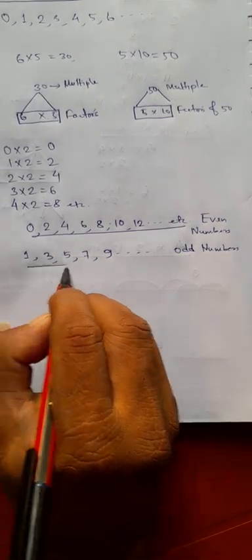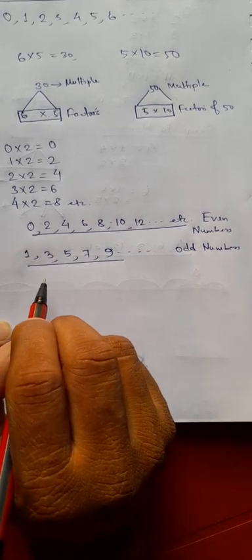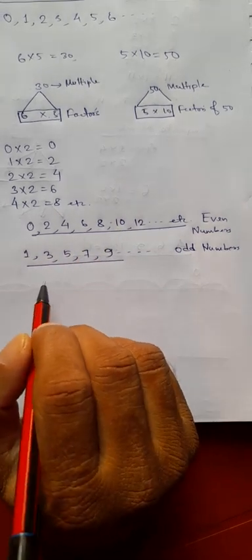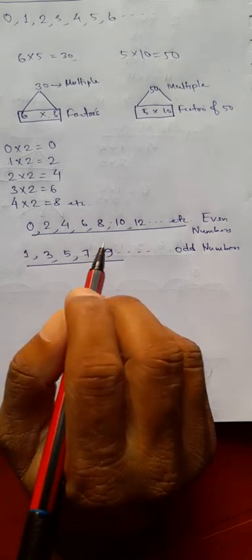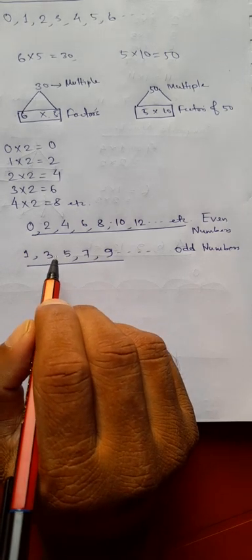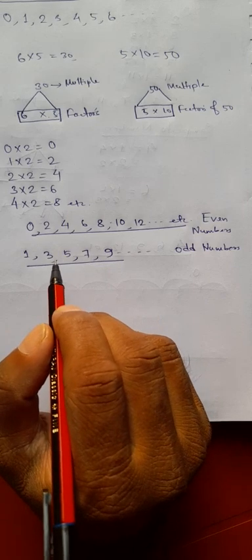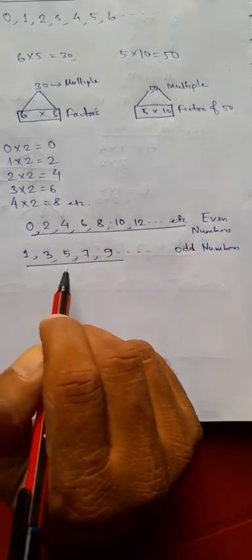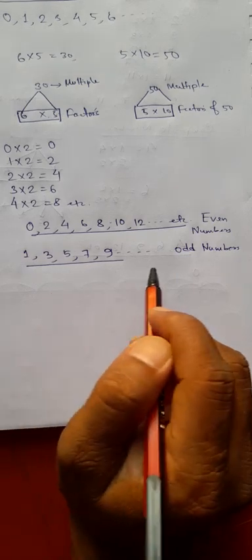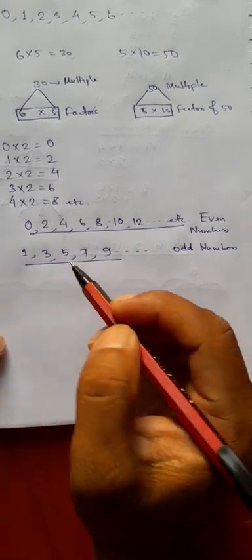Thus we broadly divided the whole numbers into two series: one is even numbers and the other is odd numbers. The whole numbers which are multiples of 2 are called even numbers, and the whole numbers which are not multiples of 2 are called odd numbers.